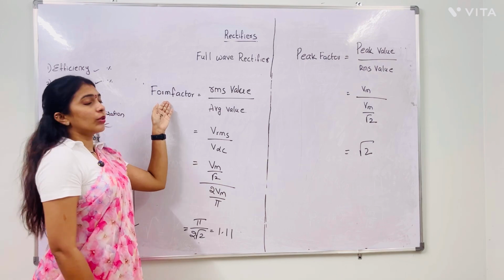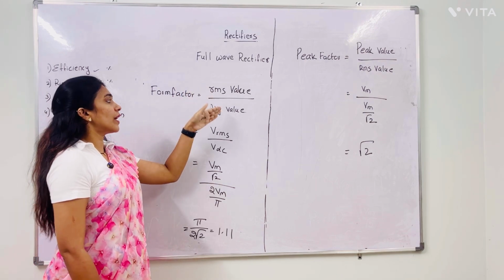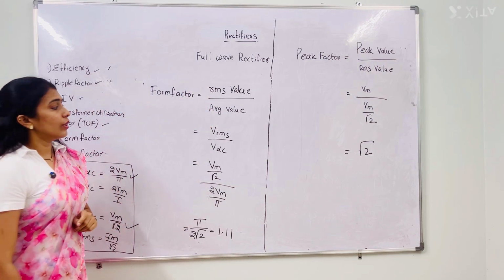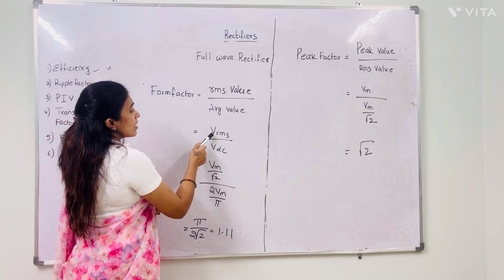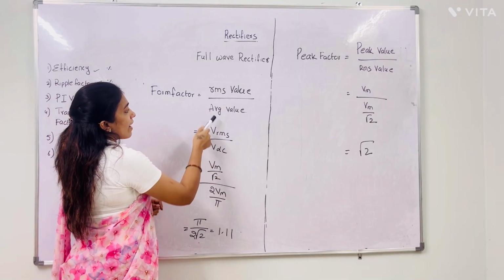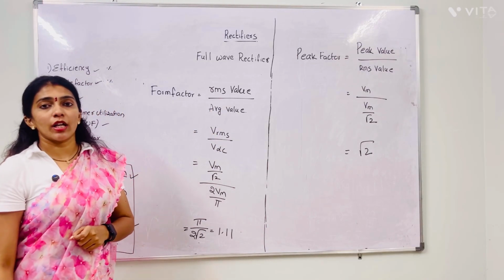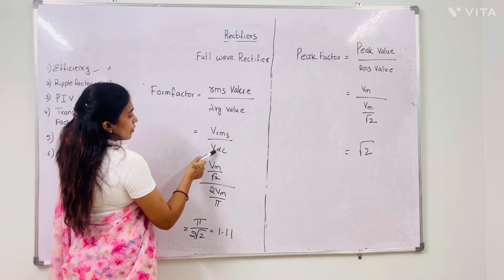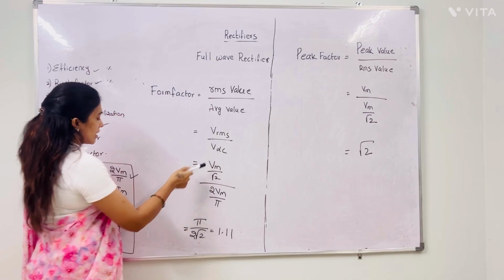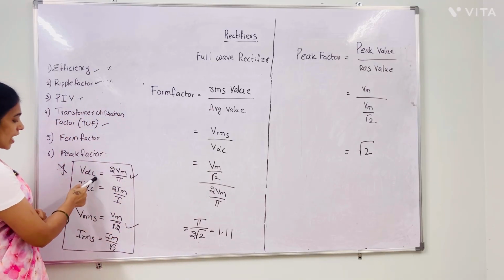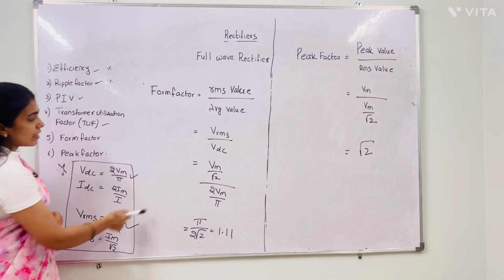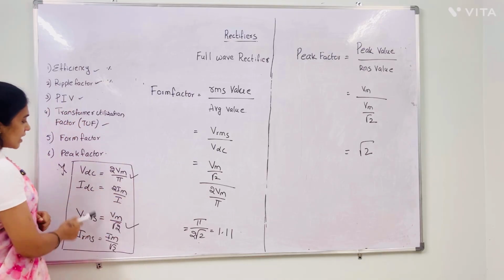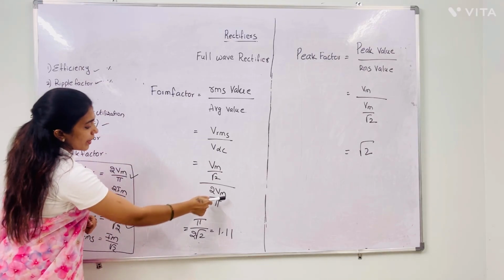Form factor formula is RMS value by average value. RMS value means VRMS, and average value means VDC, the output value. VRMS formula is Vm by root 2, and VDC formula is 2 Vm by pi.